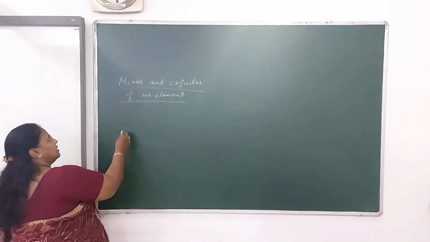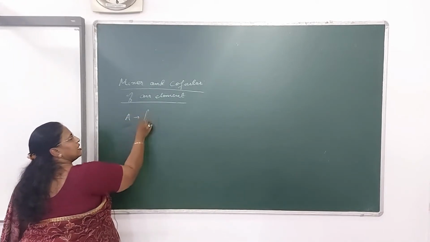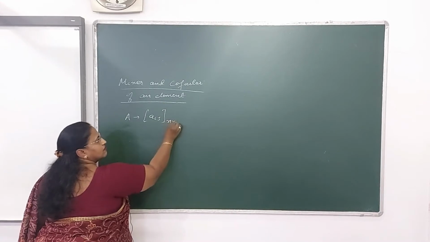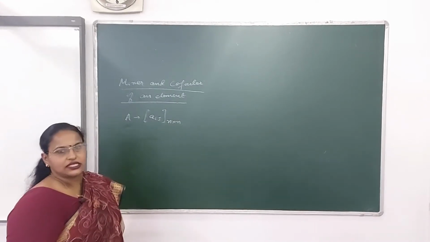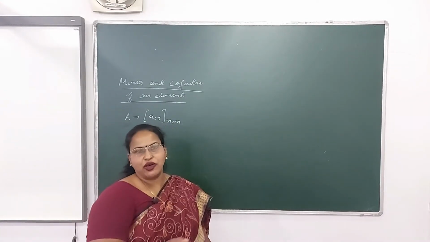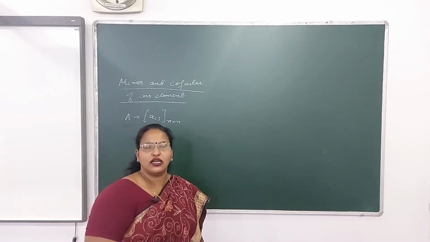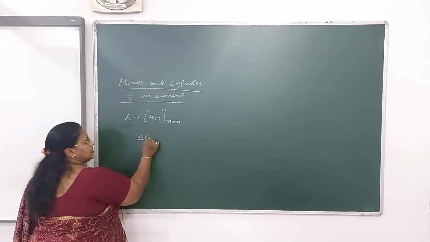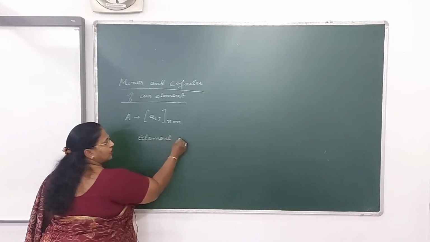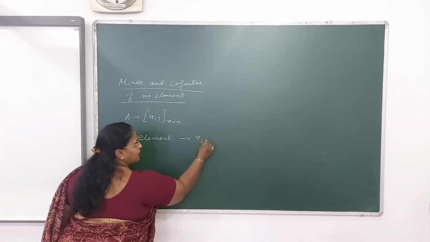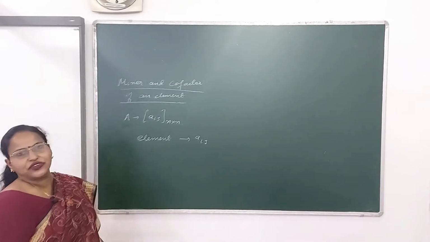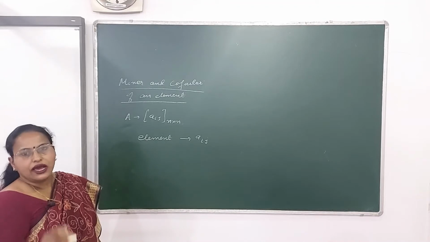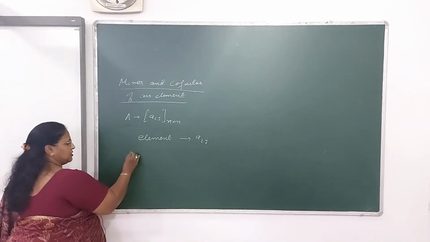Consider a square matrix Aij of order n. Now square matrix means the number of rows and the number of columns are same. Now an element is represented by the term Aij. This you know very well, where i stands for the position of row and j stands for the position of column.